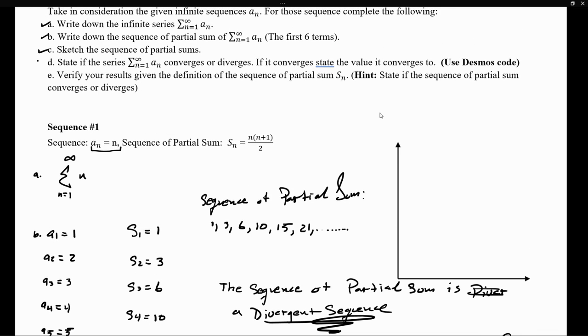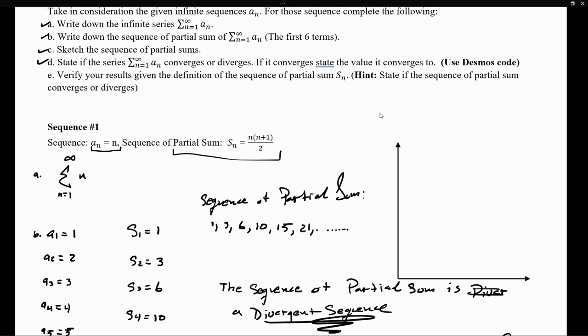Now notice that the last thing they're asking us here is to verify that the results that we got here can be compared to the sequence of the partial sums. This is a sequence that we can get algebraically, but we're not going to discuss in class how we get to it.